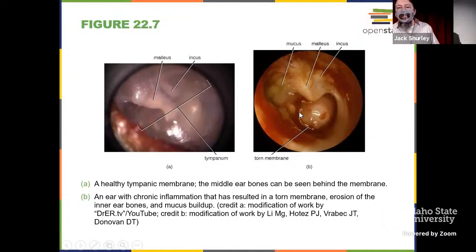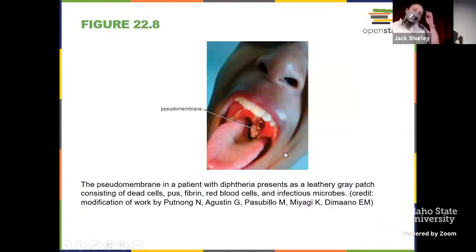So there's also a lot of red inflammation and pus production in there as well, mucus buildup.